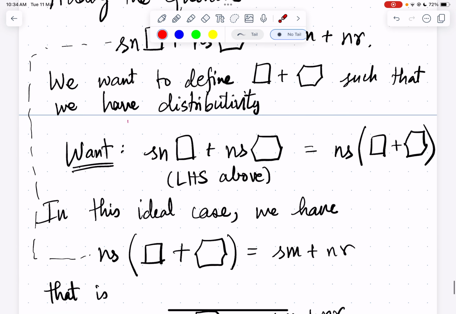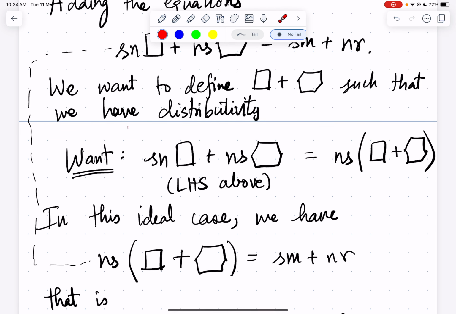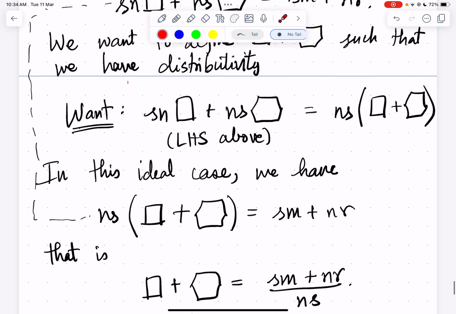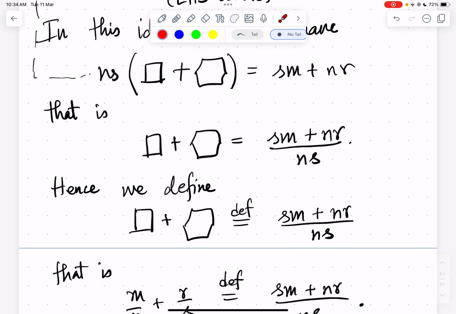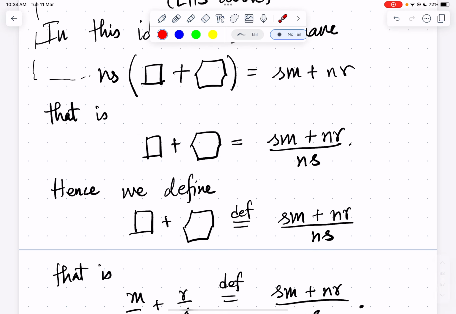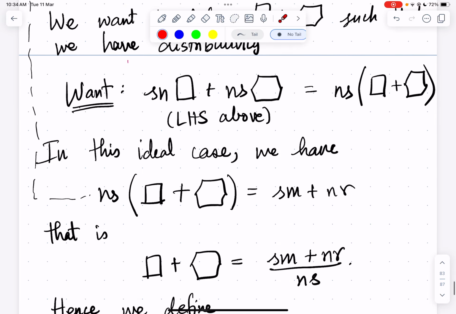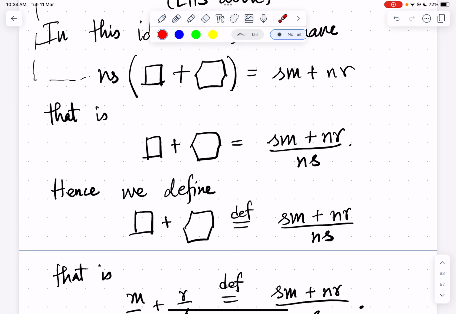Hence in this ideal case we took sn common, wrote this equation, and found out box plus hexagon. So since we want that ideal case to hold, we found that the sum is of this form.